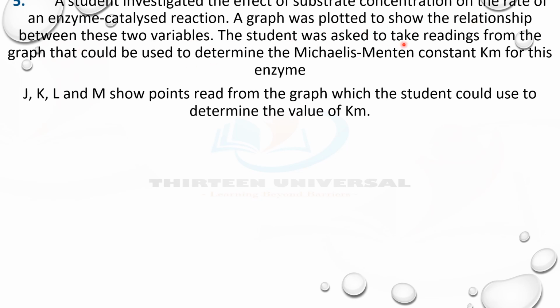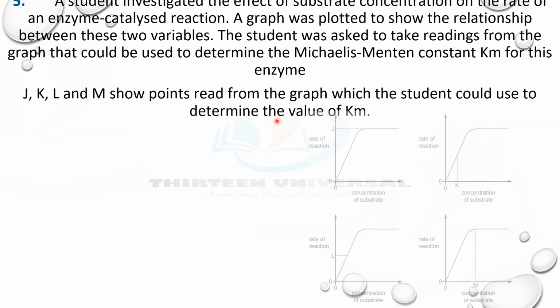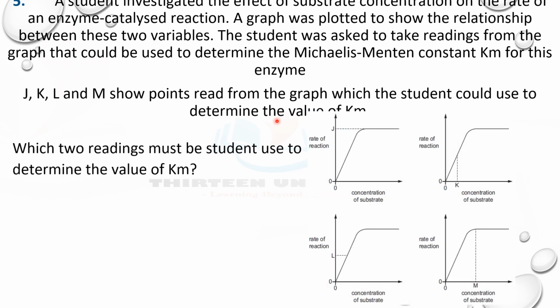The student was asked to take readings from the graph that could be used to determine the Michaelis-Menten constant Km for this enzyme. You can see J, K, L and M show points read from the graph which the student could use to determine the value of Km. So this is the graph here. Which two readings must the student use to determine the value of Km?